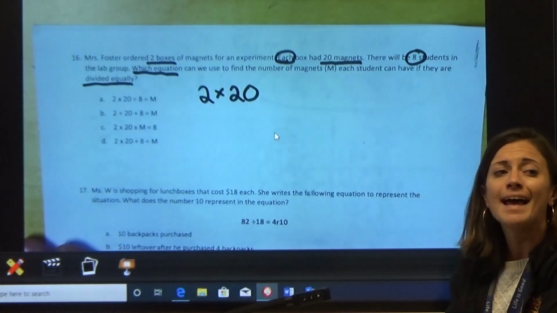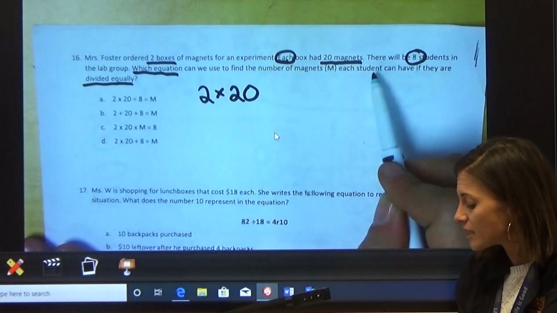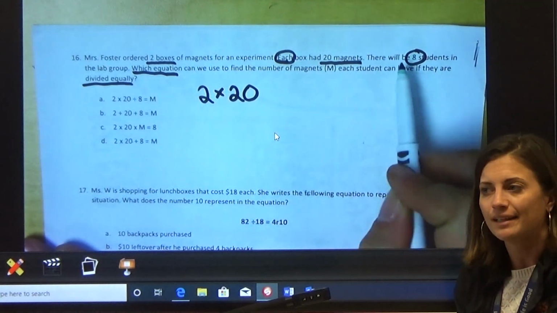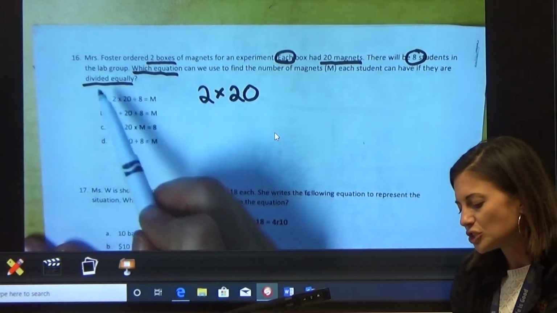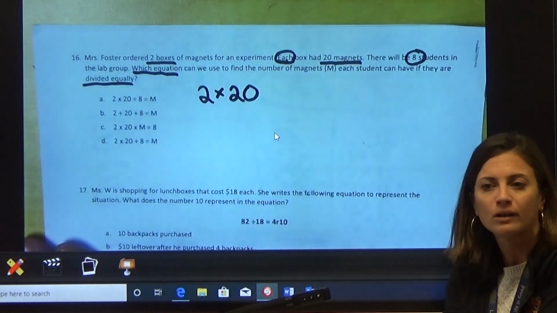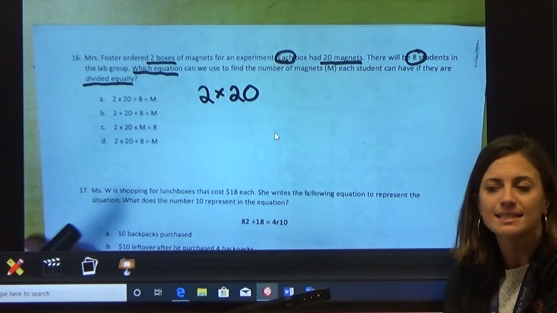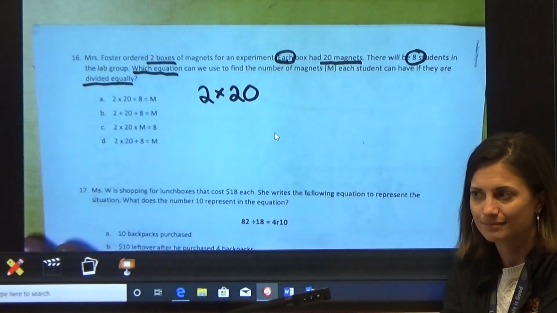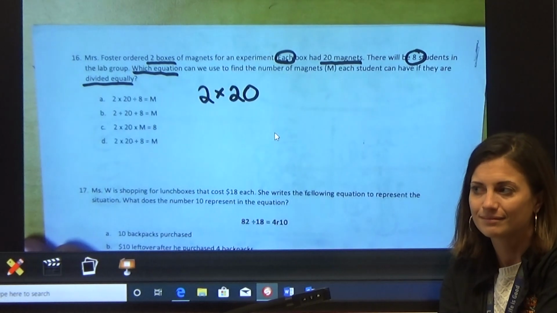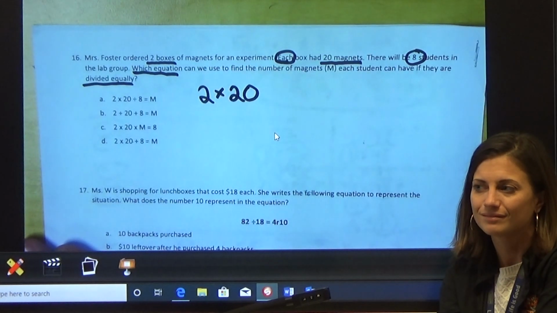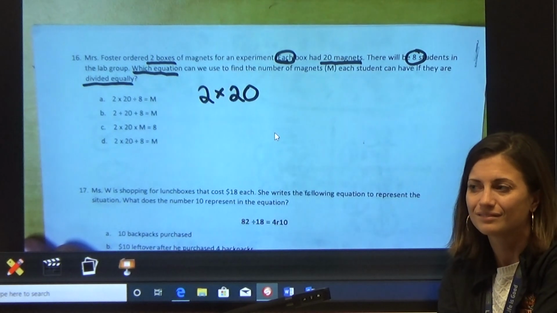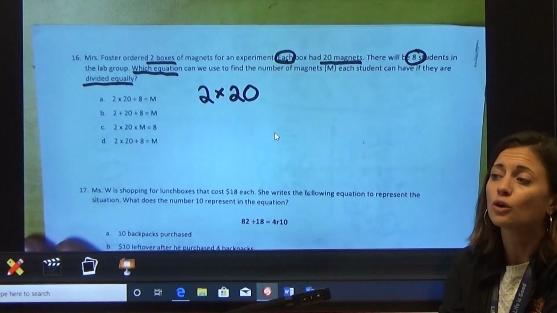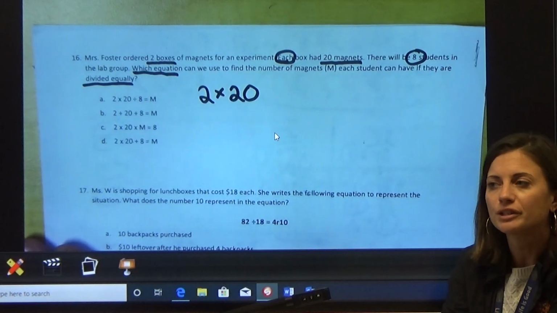Awesome. Now, once she does that, Mrs. Foster has to decide how many magnets each of the 8 students is going to get. And she already said she's going to divide them equally. So what would be your next step? Well, right now we're just first doing an equation, so I'm not going to calculate anything yet.